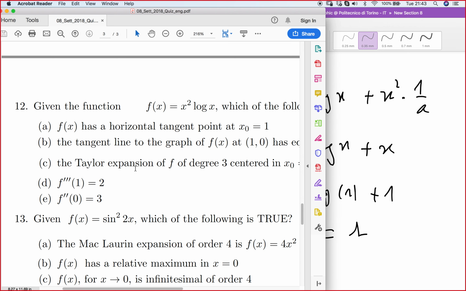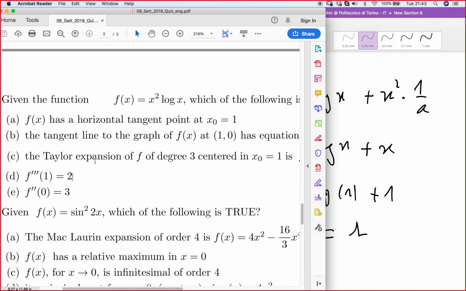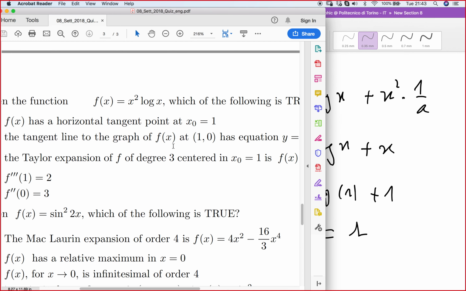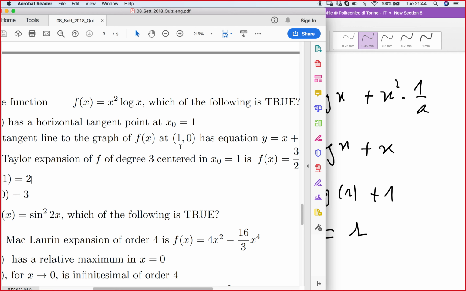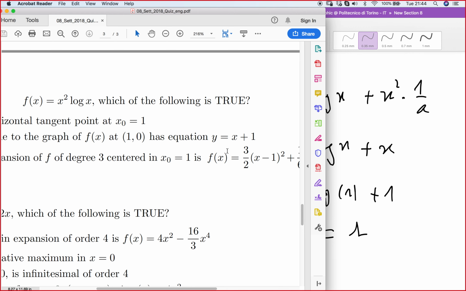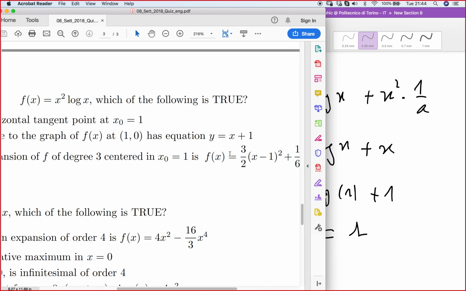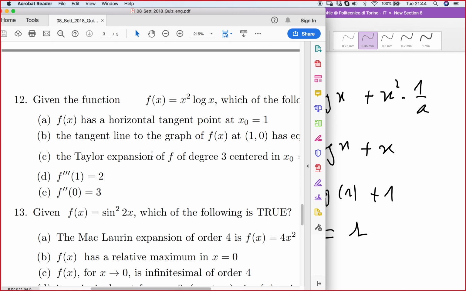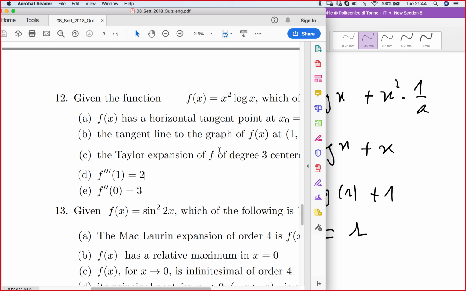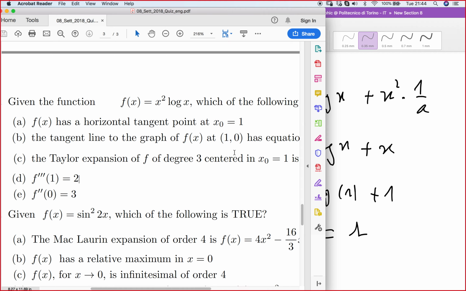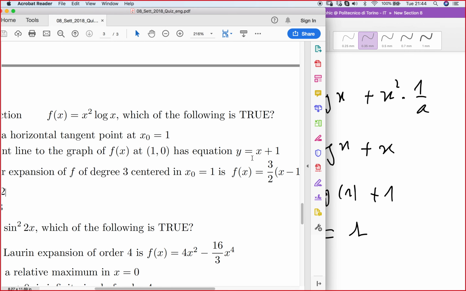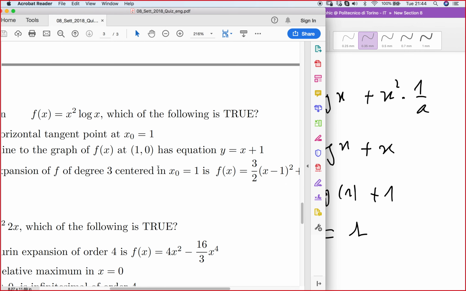Now, the tangent line to the graph of f of x at (1, 0) has equation y equal to x plus 1. As the point is (1, 0), it means that x0 is 1, right?